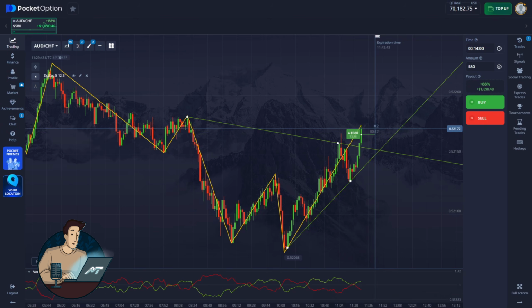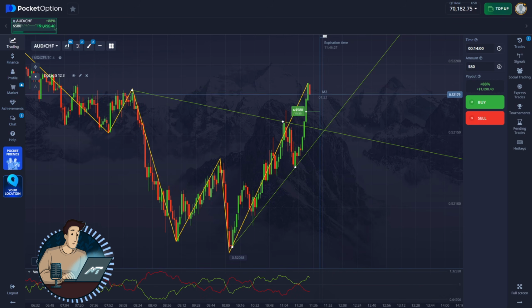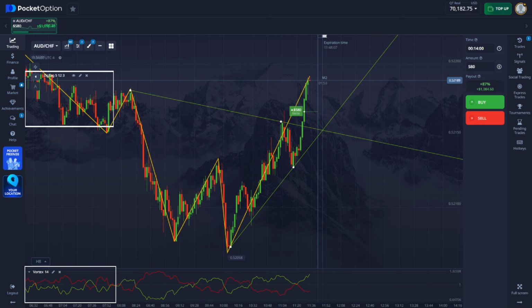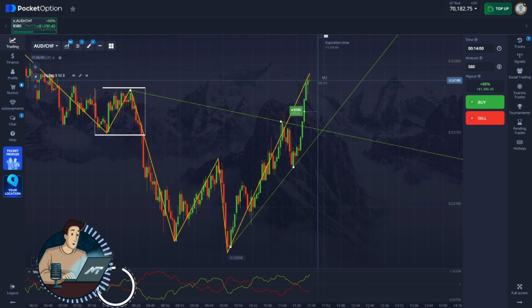Makes sense. While this is running, here's the important lesson I learned testing this. Sometimes Vortex shows a crossover, but price barely moves. Other times, it actually reverses. Look at this part of the chart. Crossovers everywhere, but the market's just flat. Or here, crossover, price creeps up a little, then dumps.